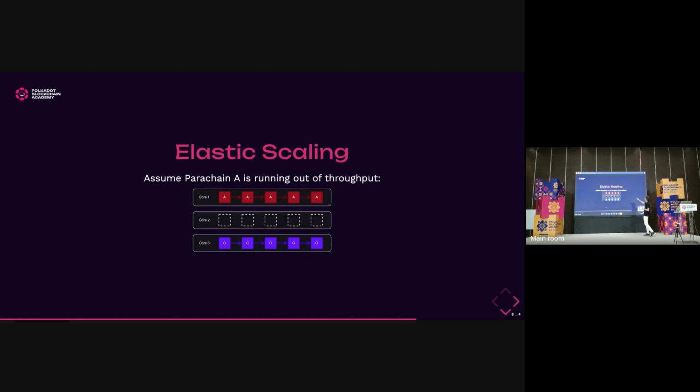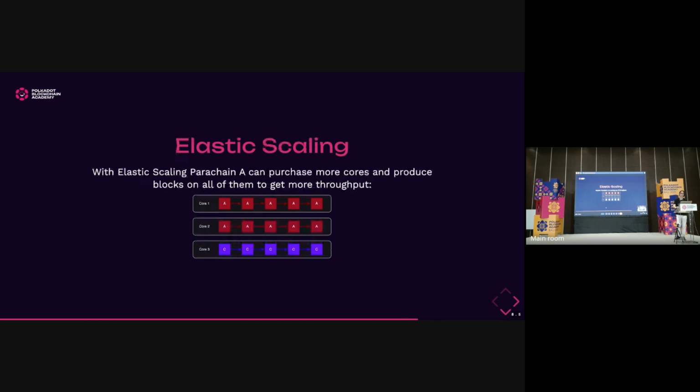Let's assume C doesn't use up all the throughput, and A is actually completely starved for space. Like it's running out of space, it's using all the computation or the I/O. There's nothing else it can do. And even though the second core is empty, well, the first one is completely blocked. There's nothing we can do in this case. We are not properly utilizing all the resources.